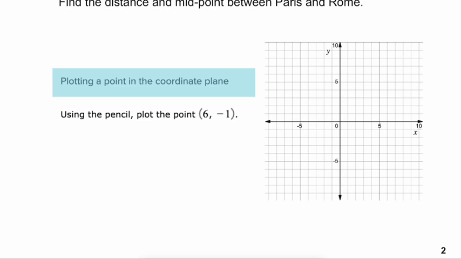So 6 to the right and down 1. So be careful. At least when I've used it on an iPad, it seems as if the point doesn't quite go the way where you think it's going to. So just play around with it. You'll get the idea, and make sure before you hit submit that it's really at the spot you want it to be. Everybody good with that?